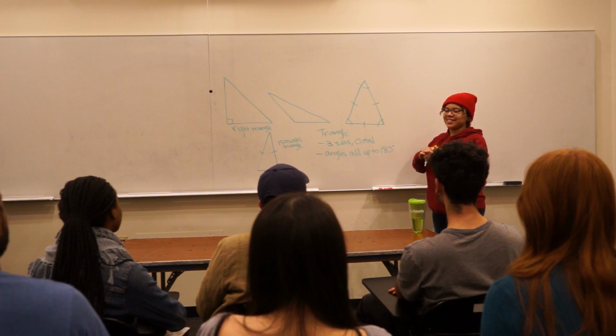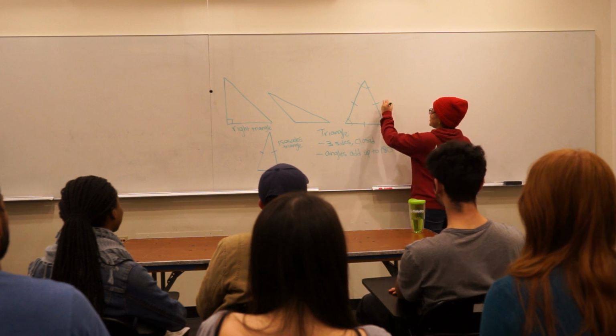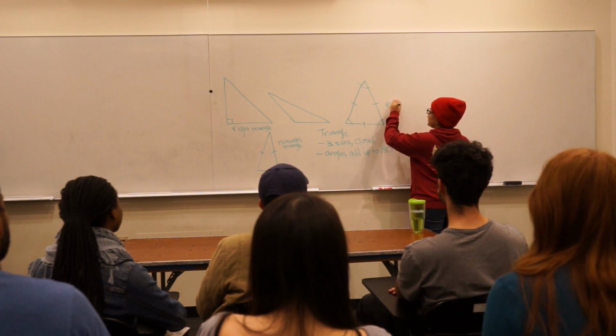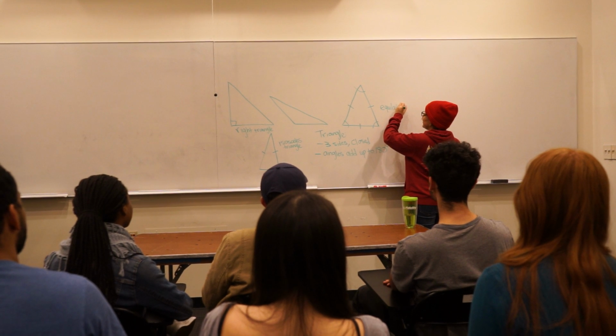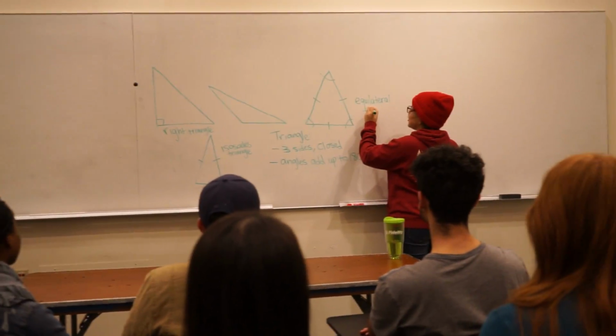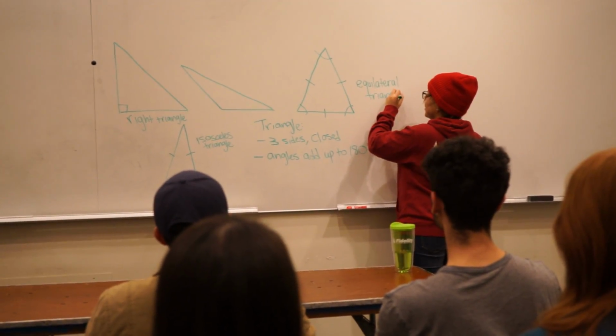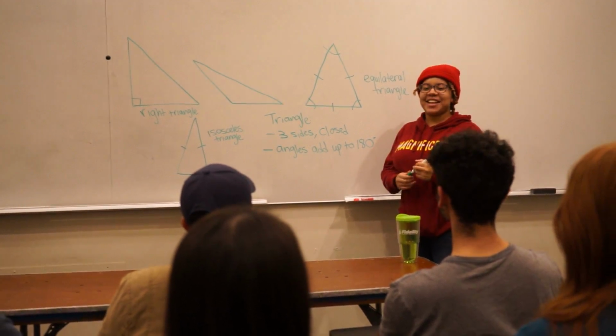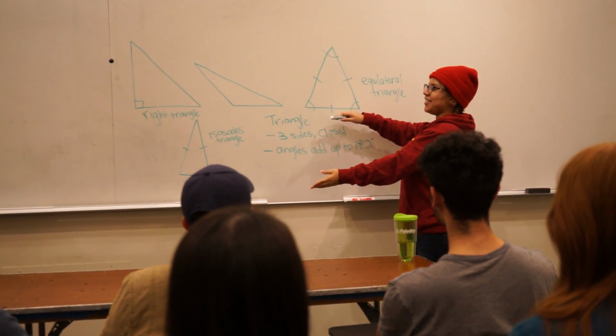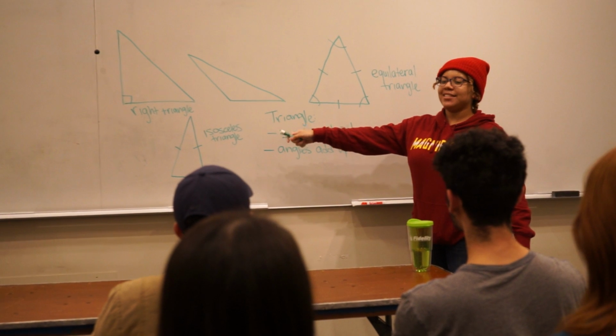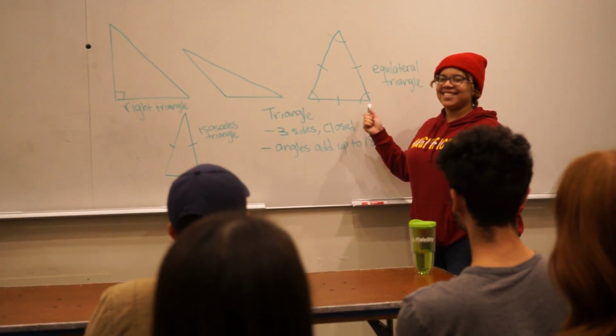So we would call this an equilateral triangle. And I'm really sure I'm going to spell this wrong. Equilateral triangle. Perfect. So now we know how to determine 3 types of triangles.